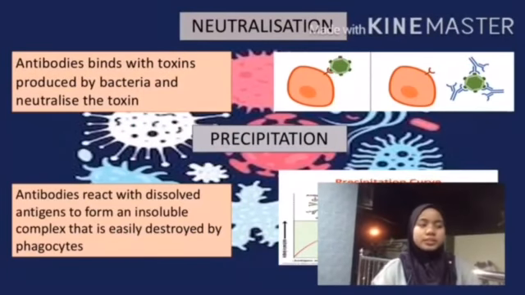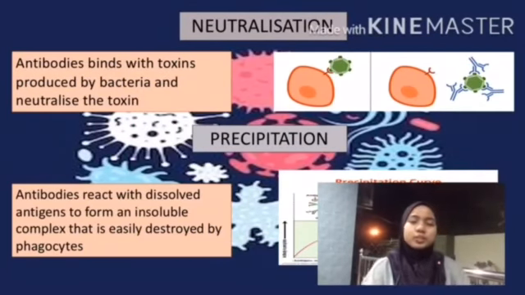The second one is neutralization. Neutralization happens when antibodies bind with toxins produced by bacteria and neutralize the toxin. While precipitation happens when antibodies react with dissolved antigens to form an insoluble complex that is easily destroyed by phagocytes.